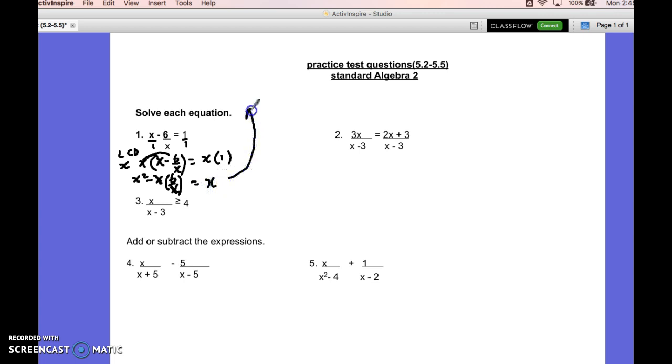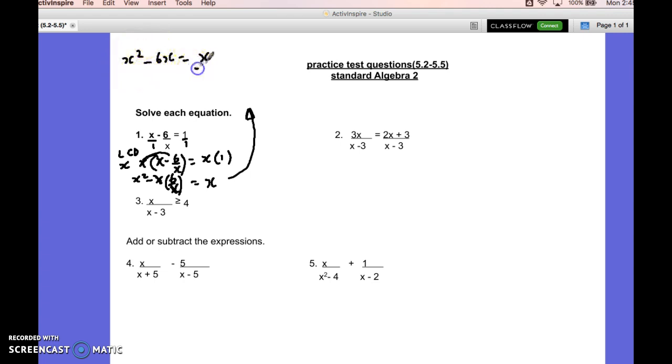Let's take it up here to get a little bit more space. So we have X squared minus 6X. On the right side is an X. When you see X squared like that in an equation, what do you think about? I trust by now you think, oh, we should take everything to one side, preferably to the side where the X squared is.